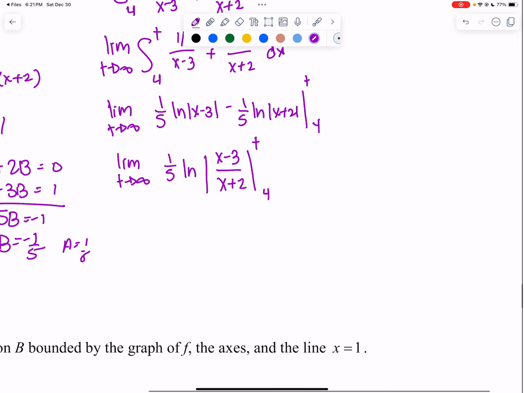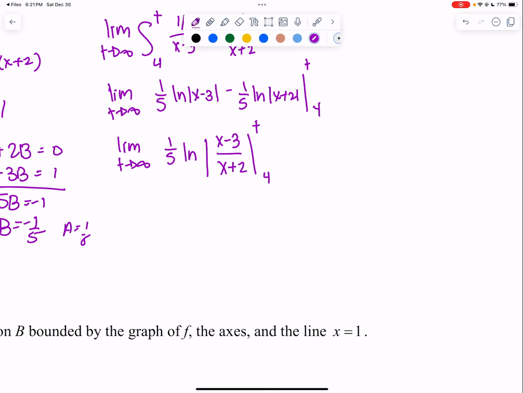That way it's easier for me to look at this and it's prettier. Now I have the limit as t approaches infinity of 1/5 ln of t minus 3 over t plus 2 minus ln of 4 minus 3 is 1, over 4 plus 2 is 6.